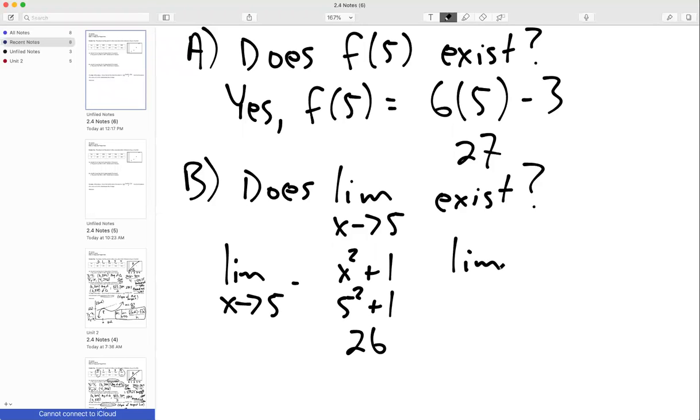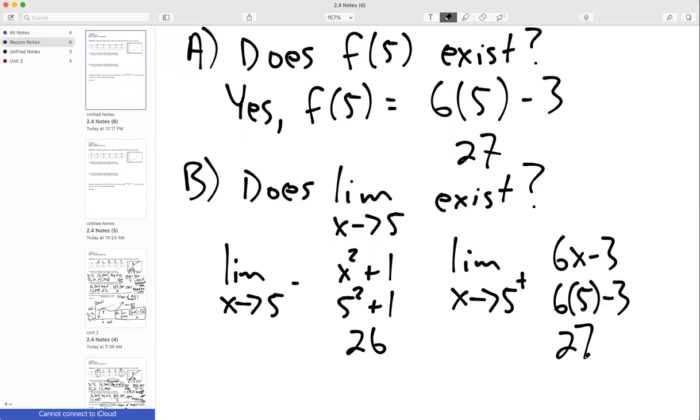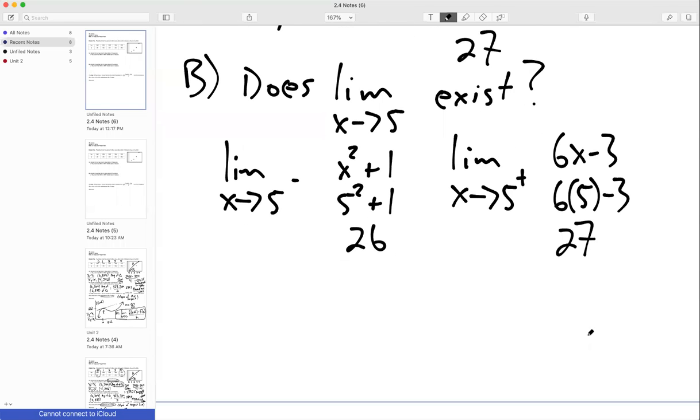And the limit on the right-hand side, I'm plugging into the linear function. And so we get 27 for that. And since the left-hand limit is 26 and the right-hand limit is 27, I know that the limit as x approaches 5 does not exist.